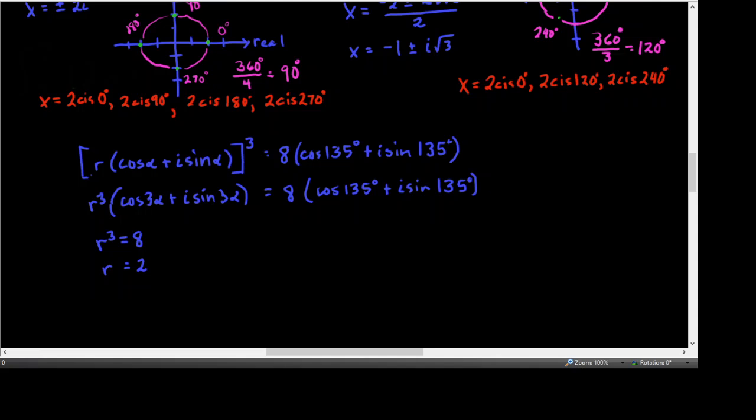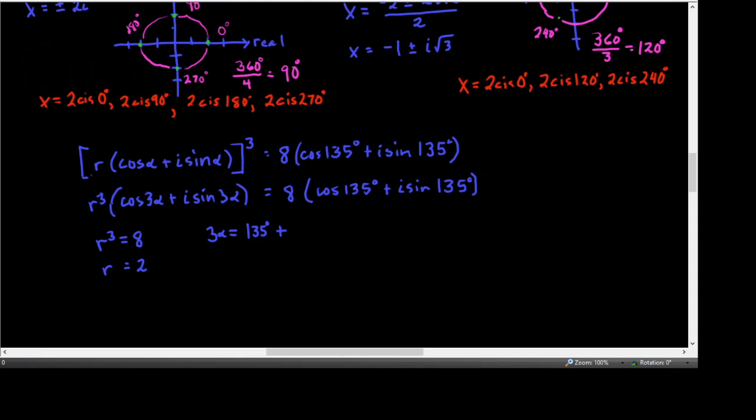Okay, so our circle will have a radius of 2 that we might draw if we were drawing the pictures as I did above. Then 3 alpha is equal to 135 degrees plus, see, because that's just one answer and we need to make sure that we get all of them.